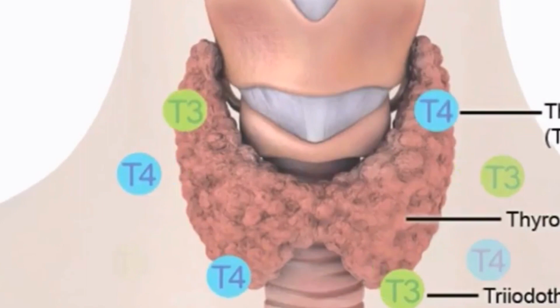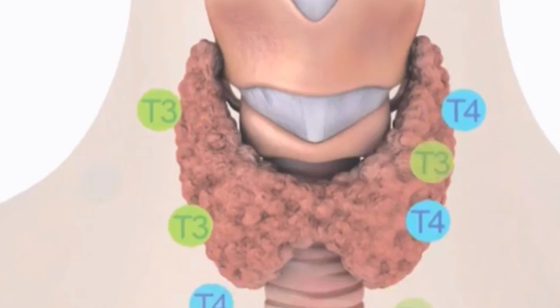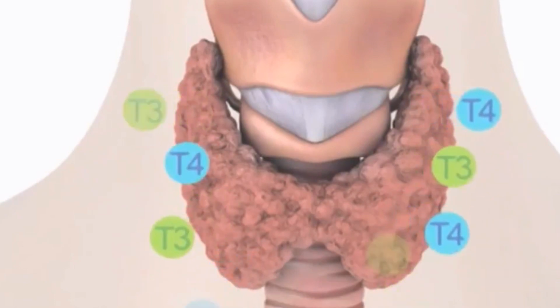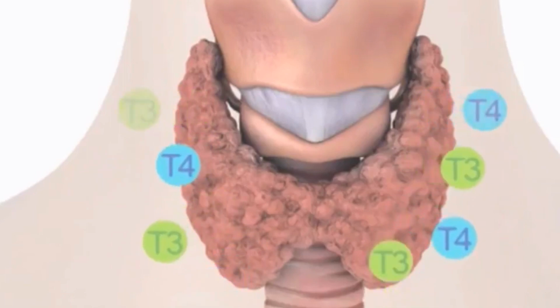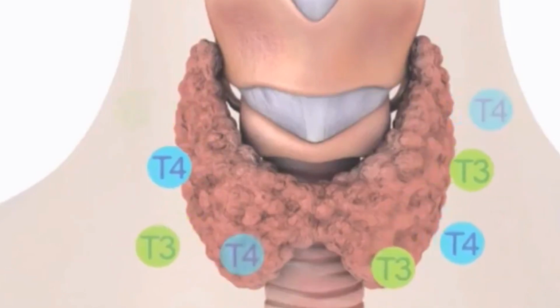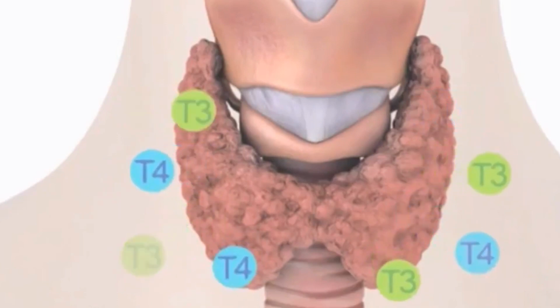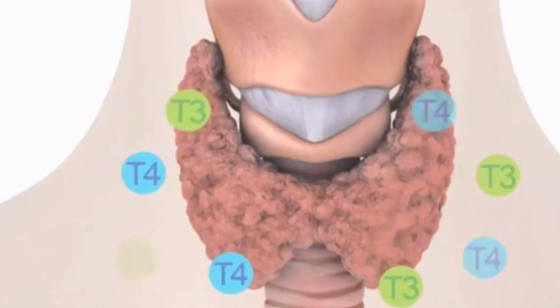What conditions are related to abnormal thyroid hormone levels? Several conditions can result from or cause abnormal thyroid hormone levels. Thyroid disease is very common. A person assigned female at birth is about 5 to 8 times more likely to have a thyroid condition than a person assigned male at birth.